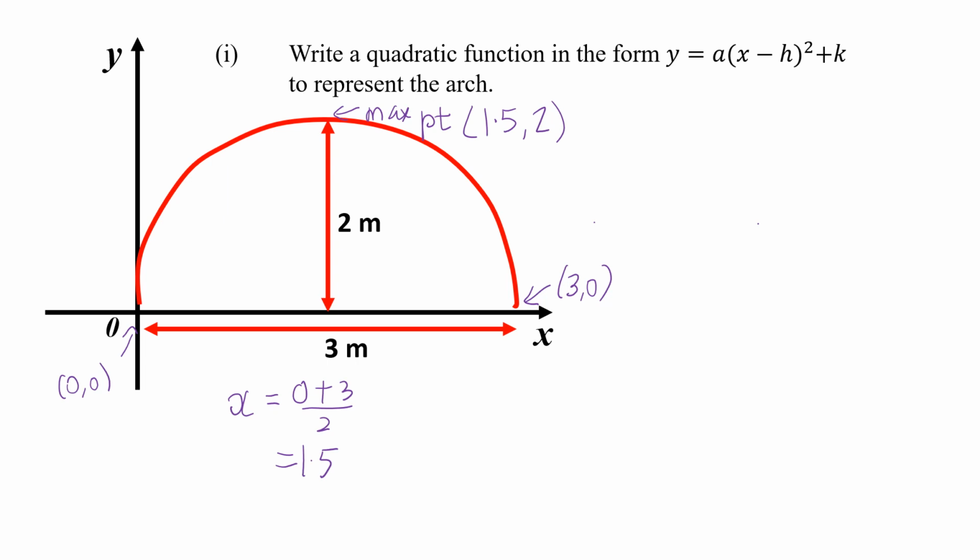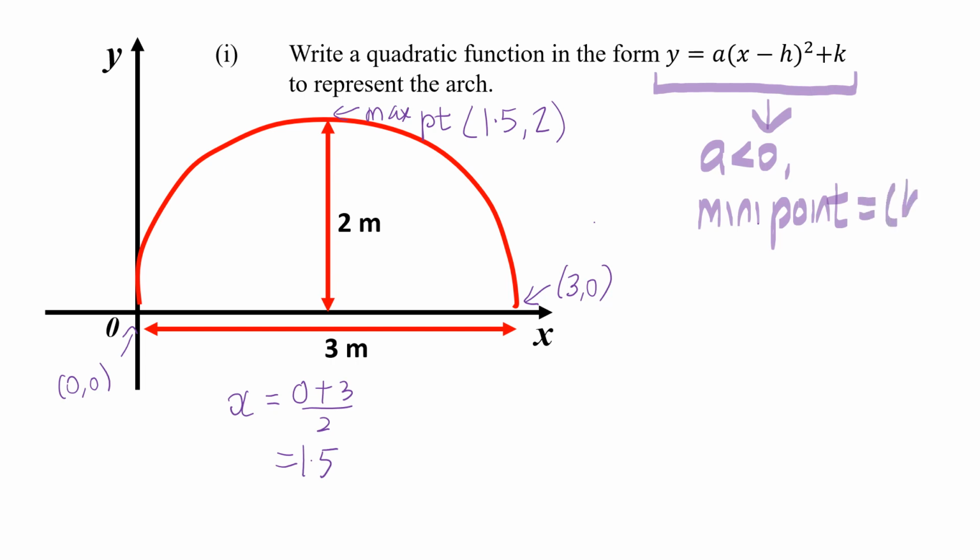So how can you fit your (1.5, 2) into your quadratic function? If you were to recall, because we're dealing with a maximum point, we're dealing with an N-shaped curve, therefore your a is less than 0. And then your turning point is equal to (h, k).